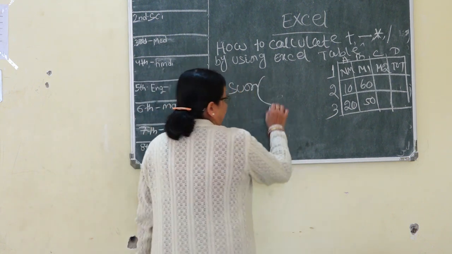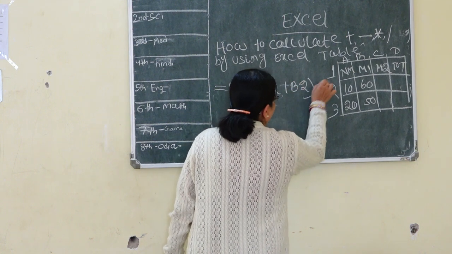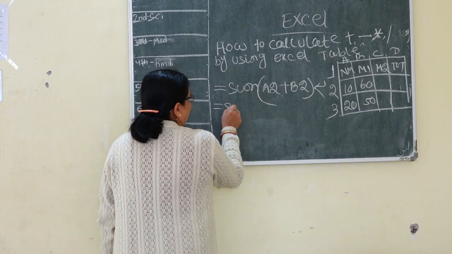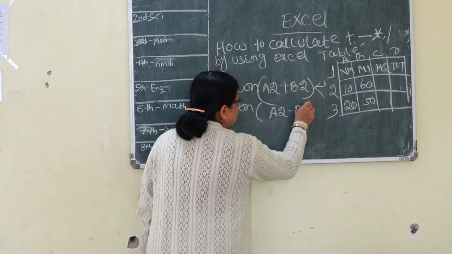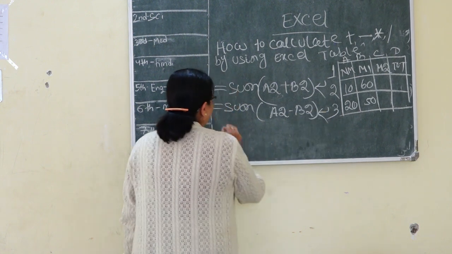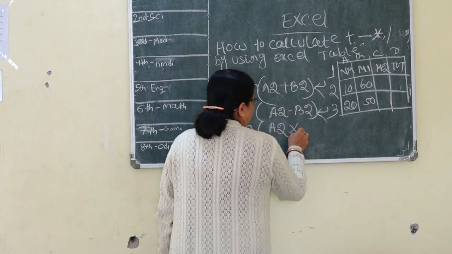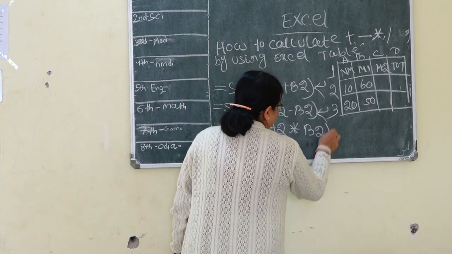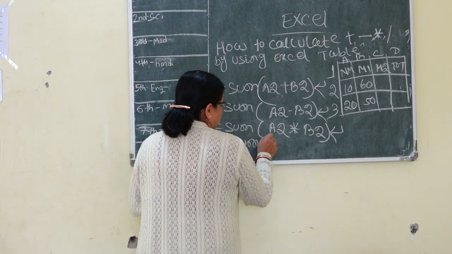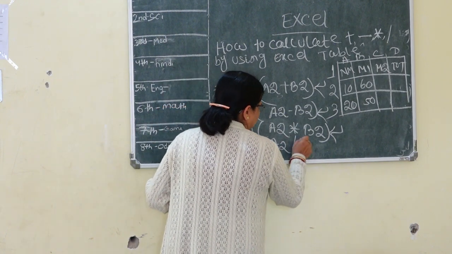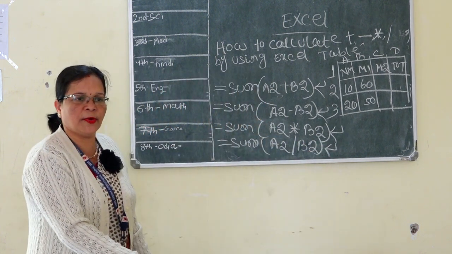What is the value of 10? A2 plus B2, enter. Then equal sign sum, minus means A2 minus B2, enter. Very good. Multiplication means equal sign A2, enter. Then tell me division. Enter. Now clear to everybody?